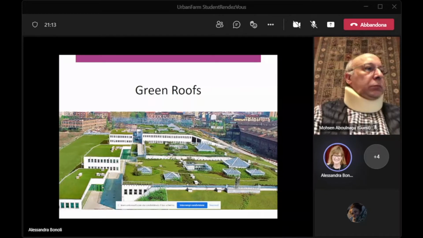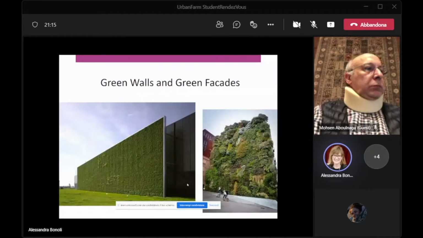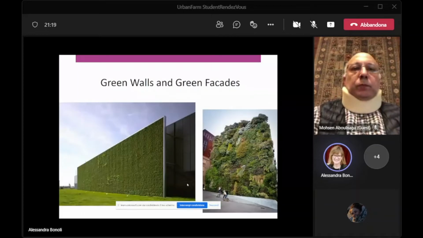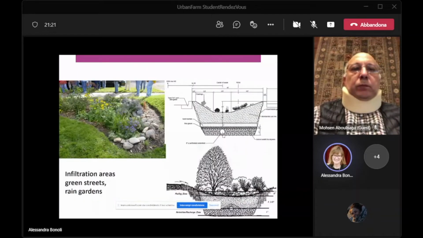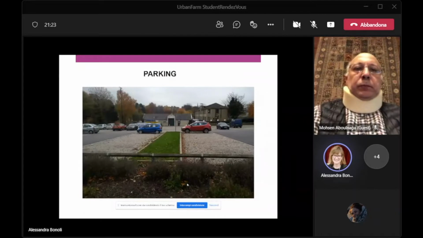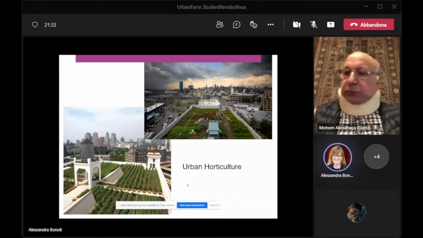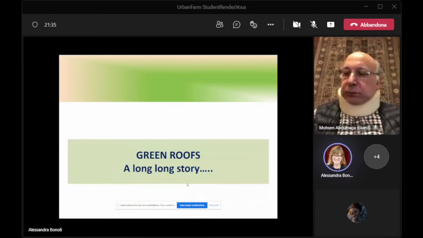Green roofs are technological elements over our buildings, along with green walls and green facades, infiltration areas, parking, and also, why not, urban horticulture, which represents another solution together with the green roof over a building.